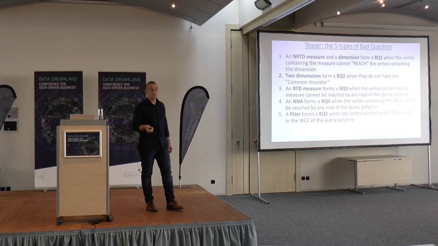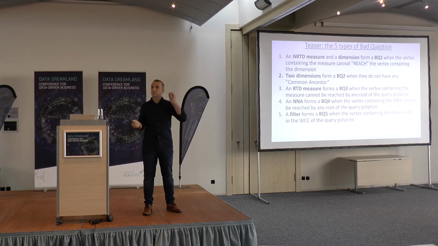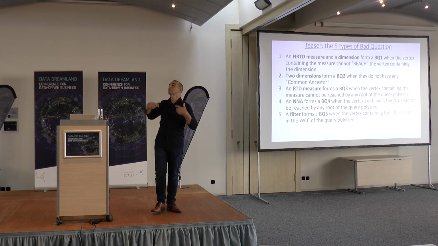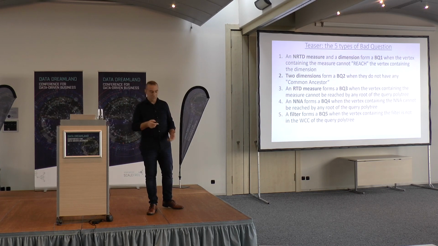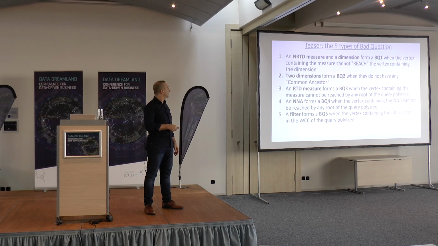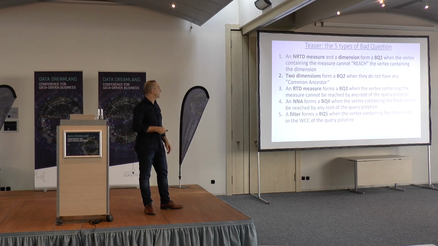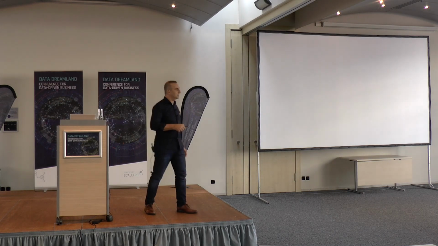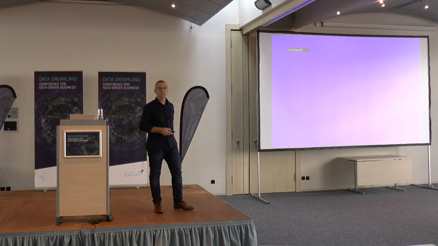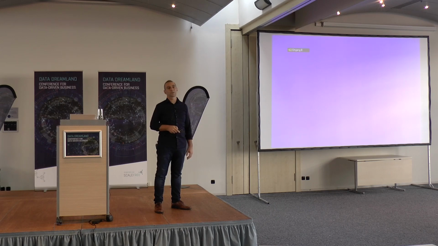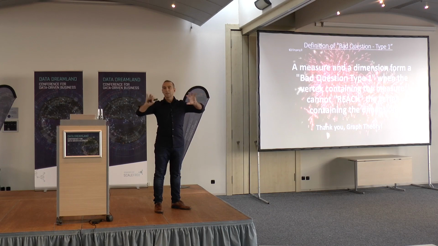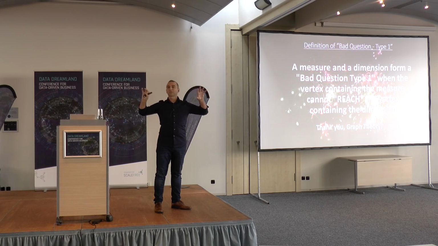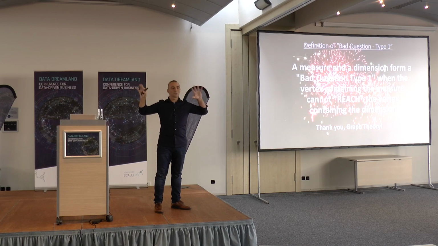Last but not least, the filter, because the business users not only drag columns, they can also drag filters, conditions. A filter forms a bad question type 5 when the vertex containing the filter is not in the WCC of the query polytree. WCC is a weakly connected component. To make you understand quickly: if you have two blocks that are connected by nothing, they are two connected components, like two continents distant with the sea in the middle.